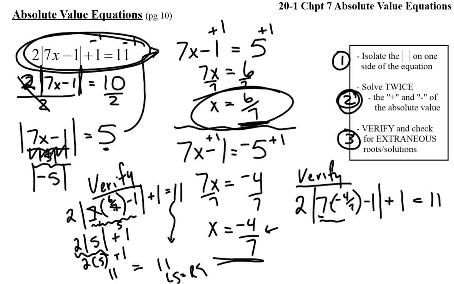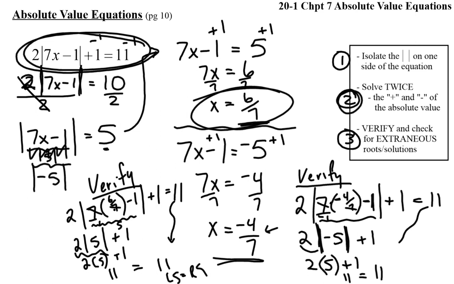Brackets first. 7 over 1, we can cancel 7s. We get -4 minus 1. We get 2 absolute -5 plus 1. Well, absolute beside a number is like saying 2 times, and the absolute of -5 is +5, plus 1. 2 times 5 is 10, plus 1 is 11. And 11 equals 11. Left side equals right side again.